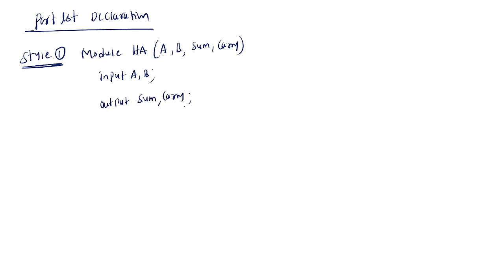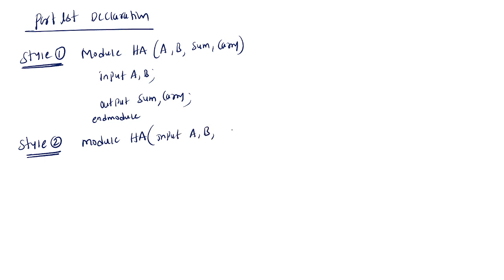Style two: module HA, where I can declare the inputs and outputs within the bracket itself.